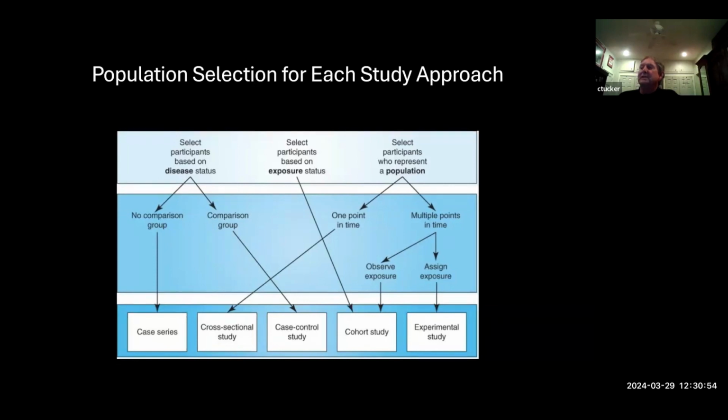If you select your participants based on exposure status, you're looking at a retrospective or a prospective cohort study. And then if you select your participants who represent a population, one point in time, that means cross-sectional study. If it's multiple points in time, if you assign the exposure, that's an experimental study. And if you're just doing an observational study where you observe the people, you don't do an intervention, then that would be a longitudinal cohort study.